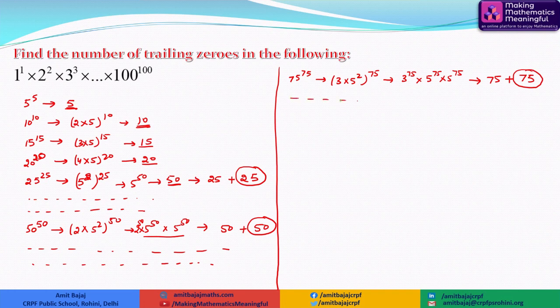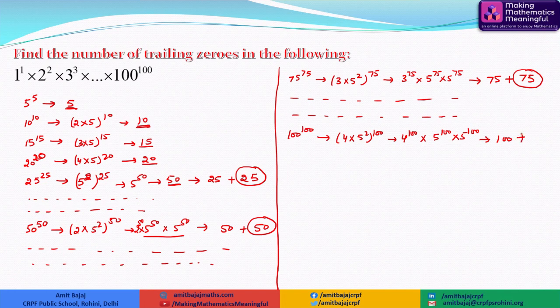And finally, using the same idea, 100 raised to the power 100, in this case it's 4 into 5 square power 100, which gives us actually 5 power 100 into 5 power 100 into 4 power 100, and which amounts to 100 plus 100 more zeros.